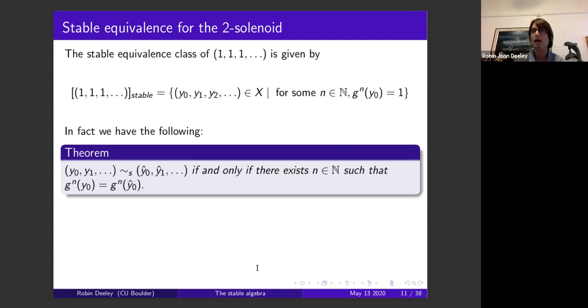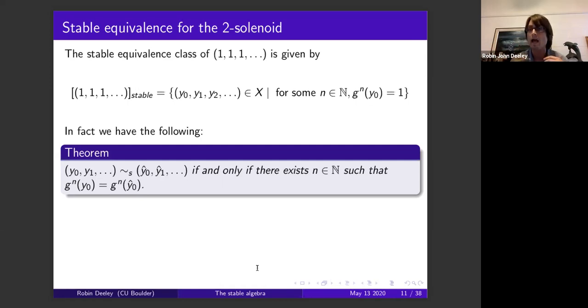Okay, now what have we gained by viewing stable equivalence in this manner? Well, what we've gained is a sort of filtration on this equivalence relation, right? We have an n that we can use to specify when the y naught of the first sequence, and then I've denoted it y hat for the second one, are actually equal.